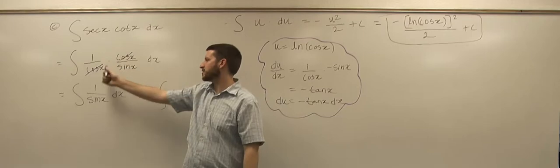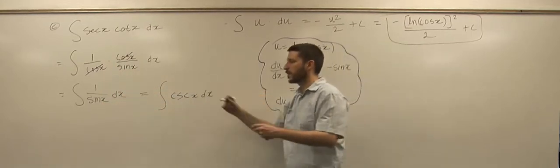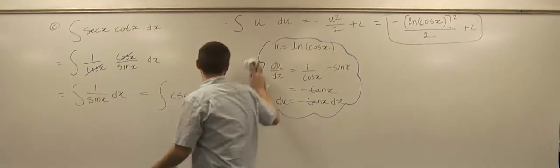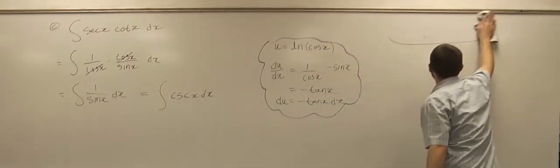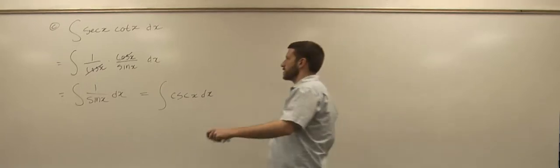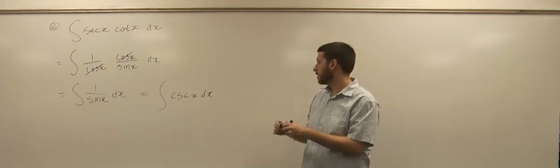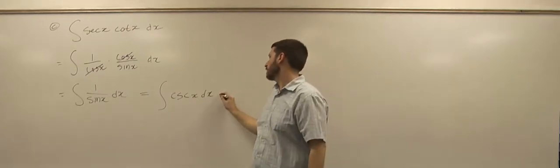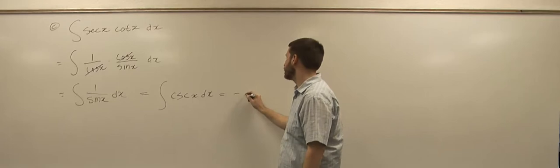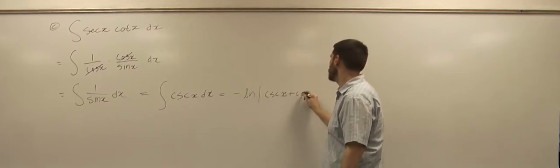Trig identity, cancel, then another trig identity, back, because I know the integral of cosecant. So I canceled and manipulated and did everything I could to get to a function that I know the integral of. The integral of cosecant is the negative natural log of the absolute value of cosecant x plus cotangent x.